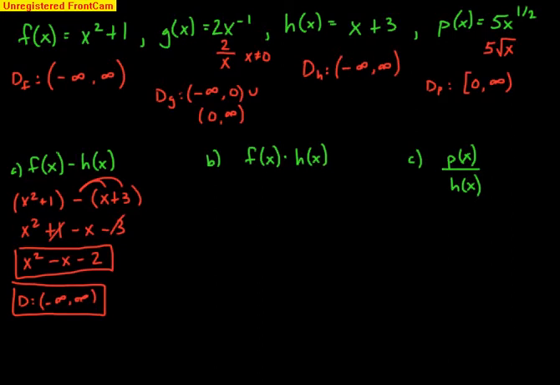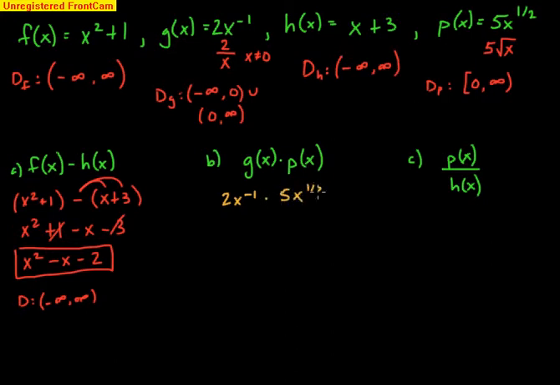Okay, I'm going to change B really quick. Okay, so I've changed part B to g of x times p of x. So in order to do this problem, we need to take g of x, 2x to the negative first, and multiply it with p of x, 5x to the 1/2.